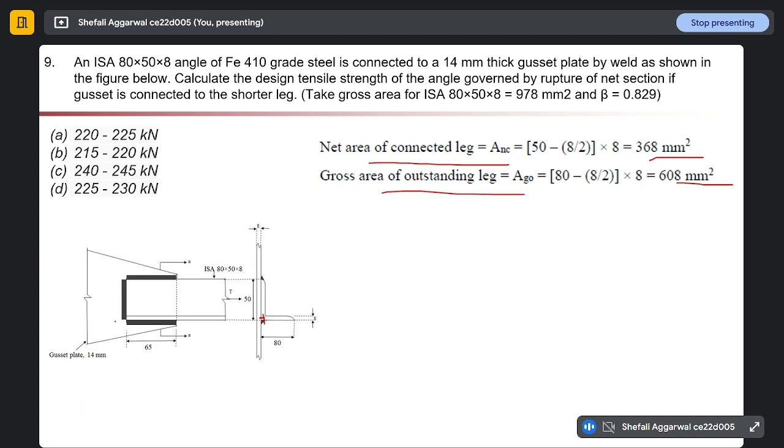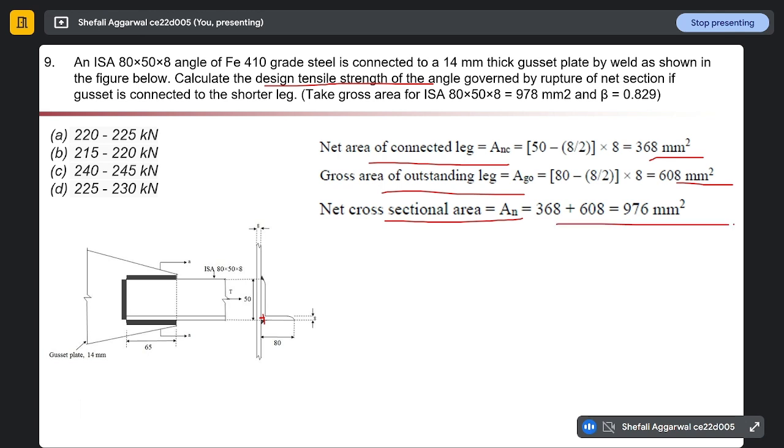And then we have to calculate the design tensile strength of the angle section. This is the area we have calculated along this direction, and along this direction. So the net cross-sectional area will be the summation of both areas, which is 976 mm². From this area we can directly calculate the design tensile strength.